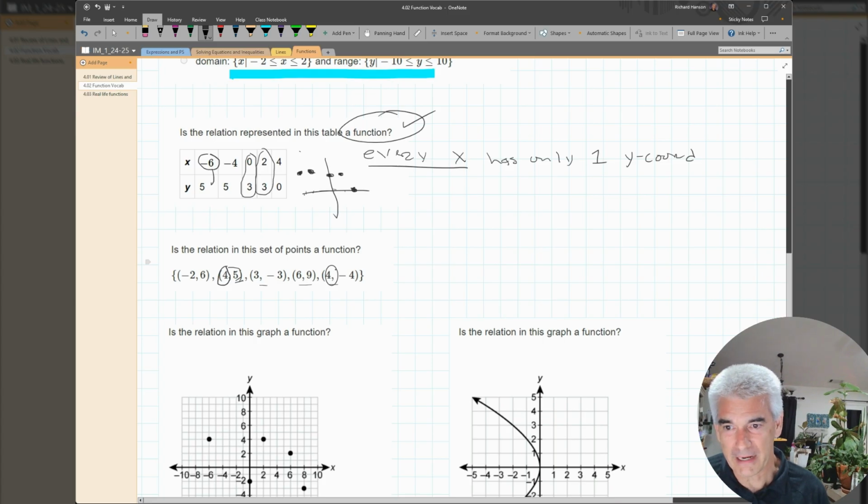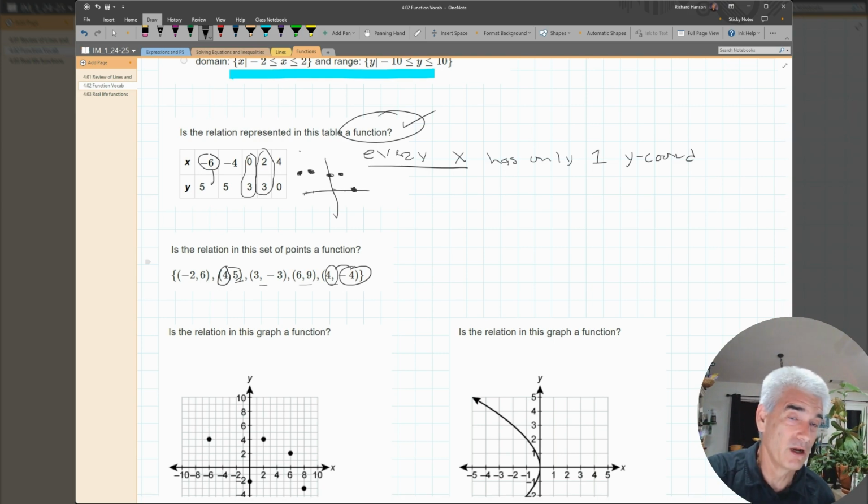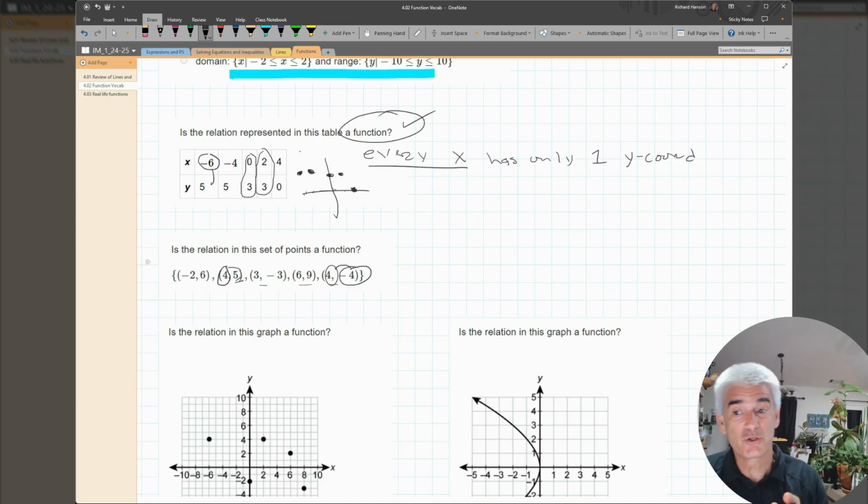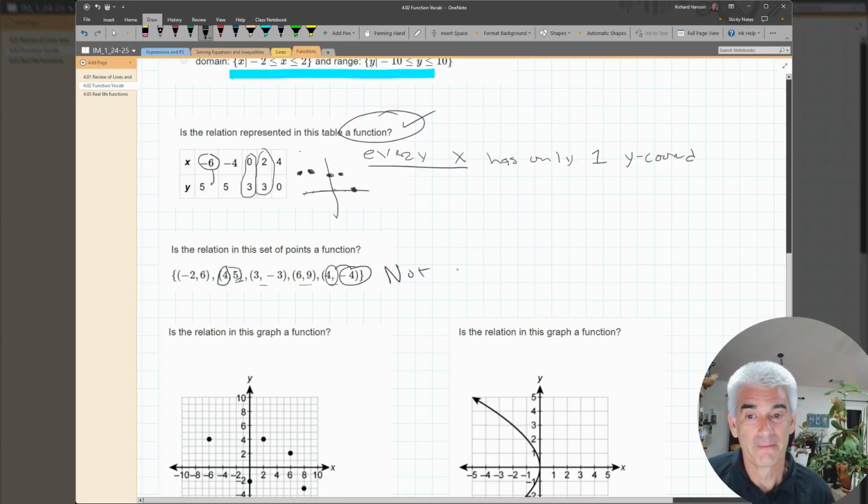I plug in 4 for x, I get -4 sometimes. With a function, you have to guarantee that when I plug in 4, I only get one value. This is showing that 4 has two different values that it goes with. That's all you need. All you need is one point. You might have lots of points that break it, but really only one point is needed. This is not a function.